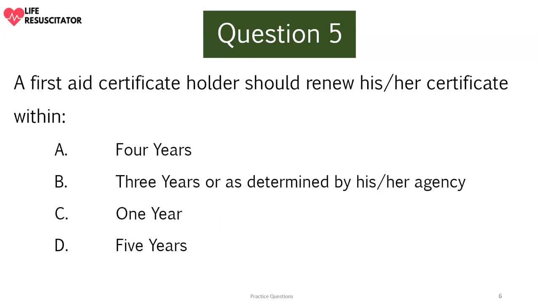So when do you renew your certificate if you are a first aid certificate holder? Okay, so we're moving to question number 6.